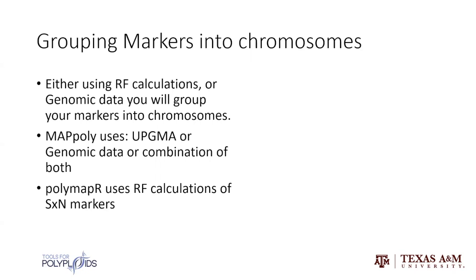So I don't think I've tried to use genomic order or anything in PolyMapper. Whether or not that's possible, I'm not quite sure. But the way their vignettes are written, it's not supposed to be done that way.